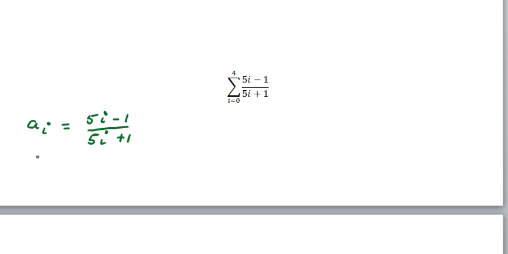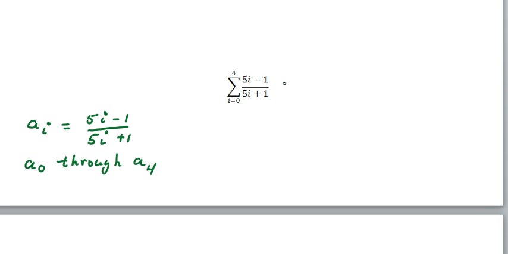And it's going to be the 0th through the 4th term. Now this is a little bit unusual to start with the 0th term. It just means that's the first term in the sequence instead of being 1.